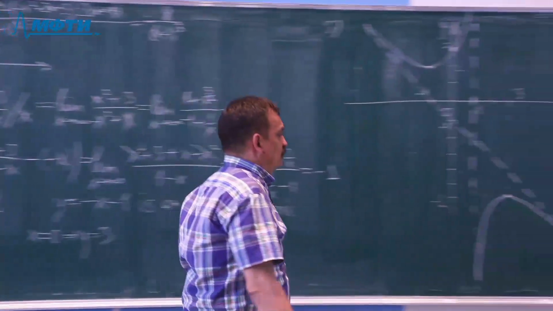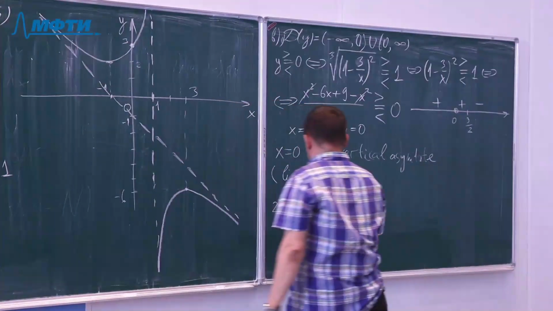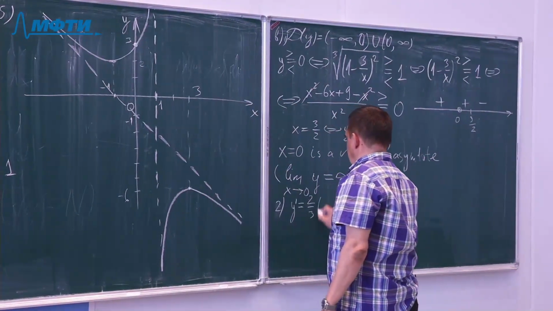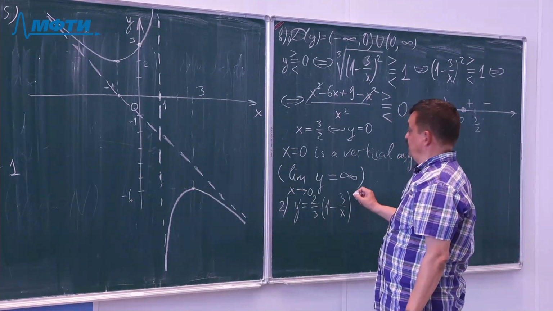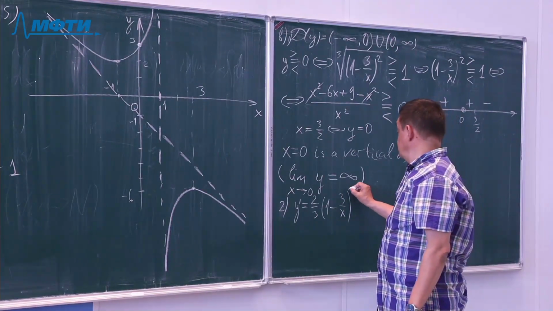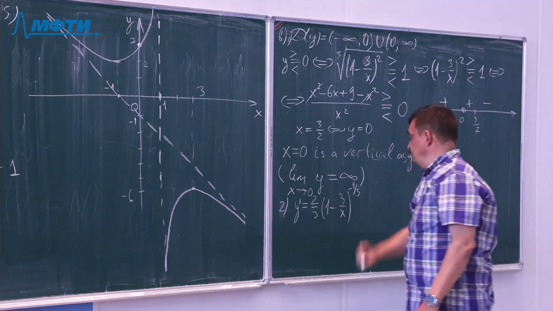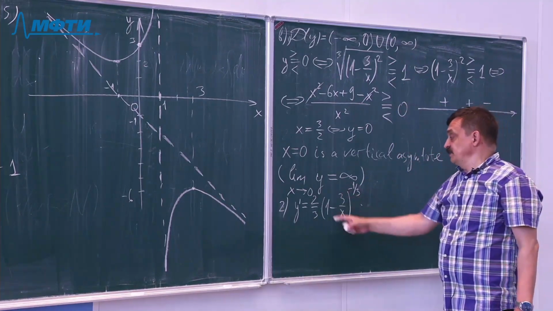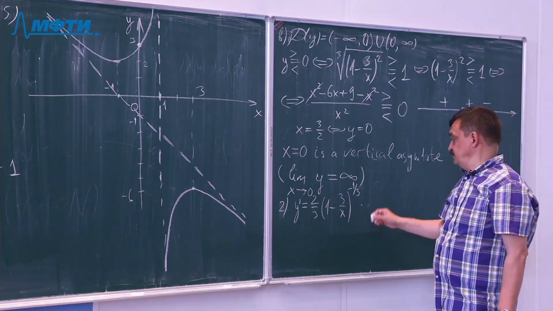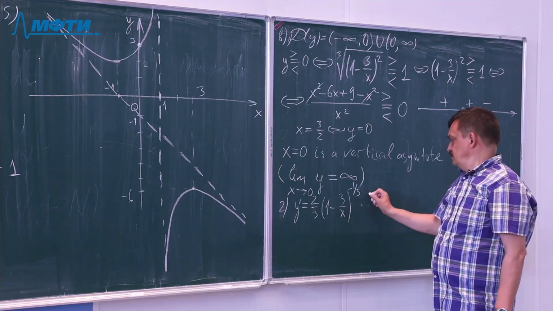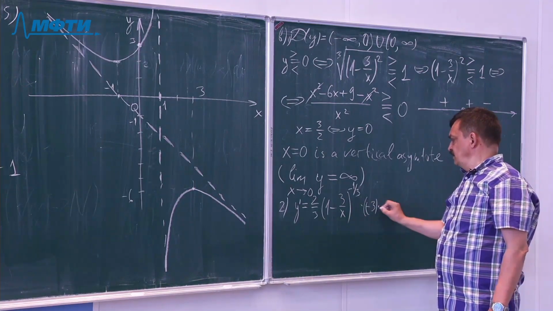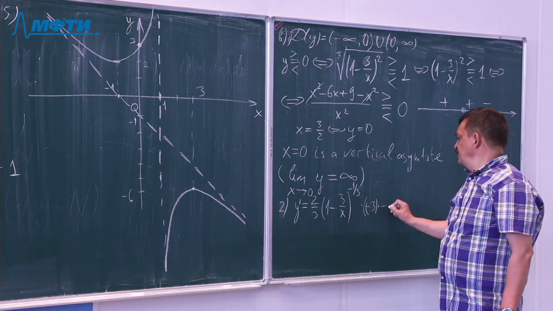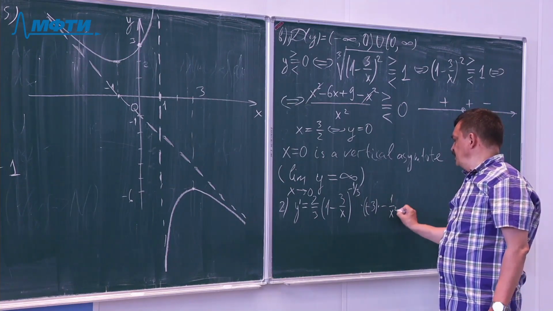So I can write by chain rule 2 over 3, 1 minus 3 over x power 2 over 3 minus 1, it's minus 1 over 3, times the derivative of this expression, which gives minus 3 times minus 1 over x squared.